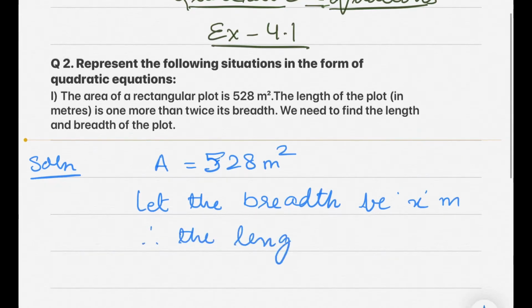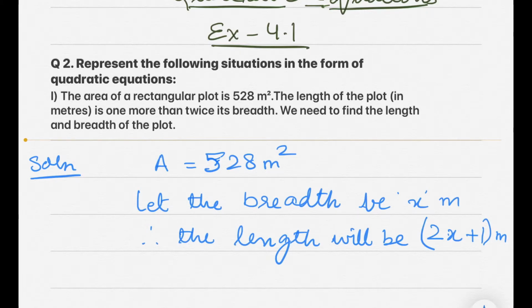They have given the relation between the length and the breadth. Length will be, they said, one more than twice its breadth, so twice the breadth and one more, so this much meters is my length, right? And we have to find the length and breadth of the plot.